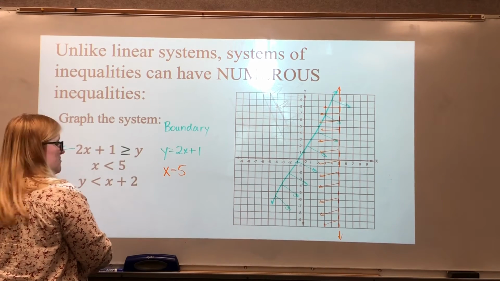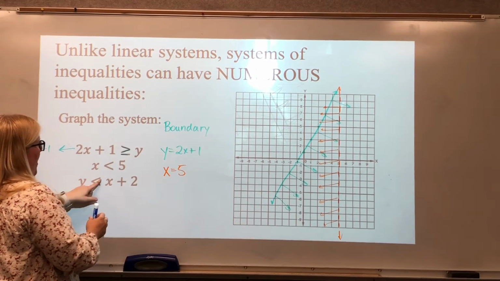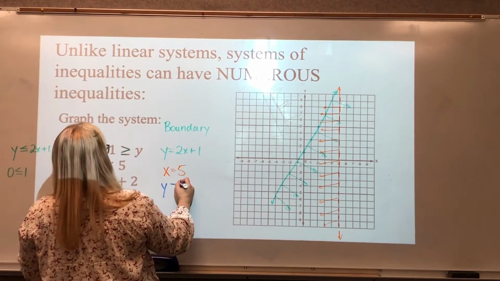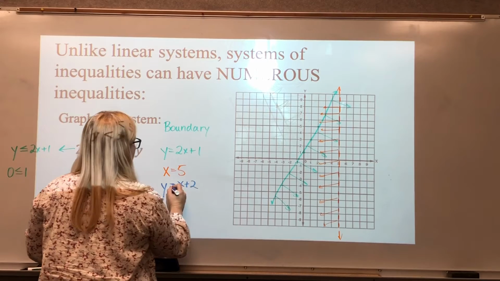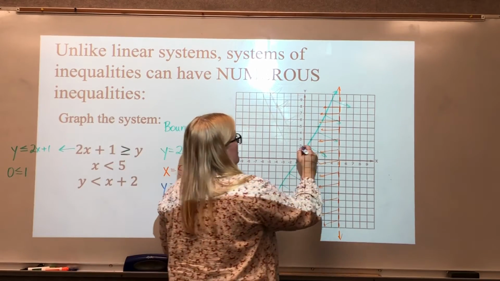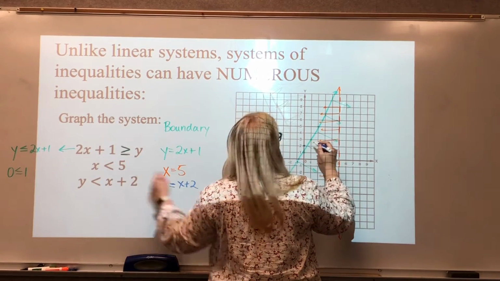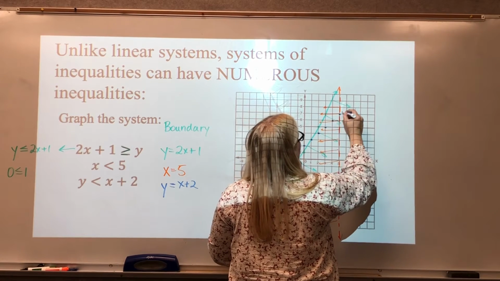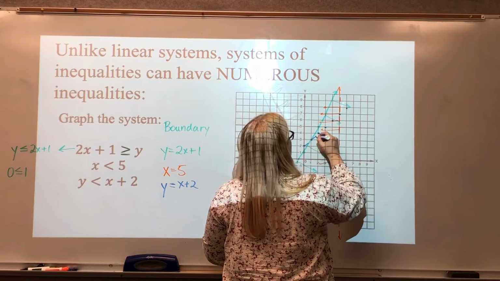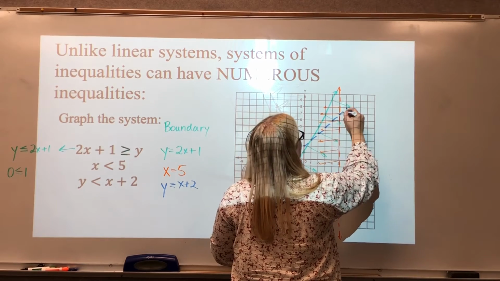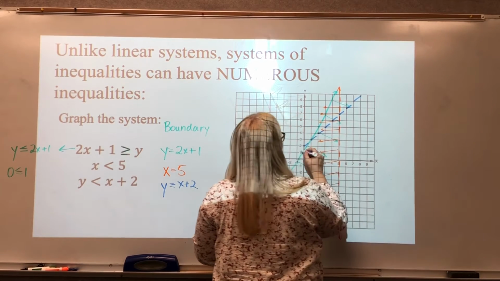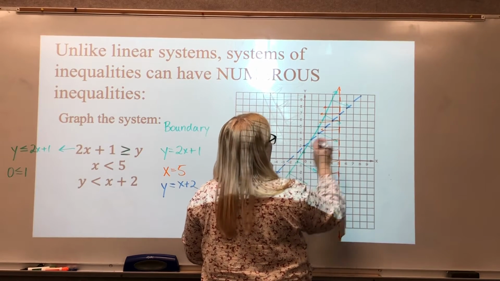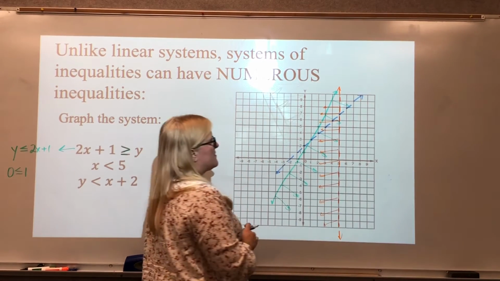But I do have one more. Y is less than x plus 2, so my boundary line is y equals x plus 2. So I go here, and it's going to be a dotted line. My slope is 1. This continues on down here, which doesn't really matter with this.